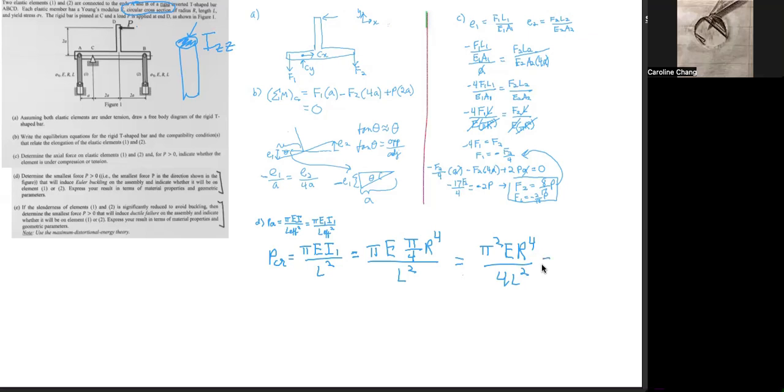And this is subsequently going to be equal to the axial force F1, which is given by -2 over 17 P. So solving for our P value will give us the P critical.